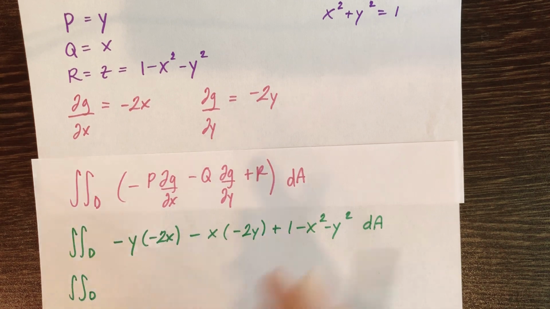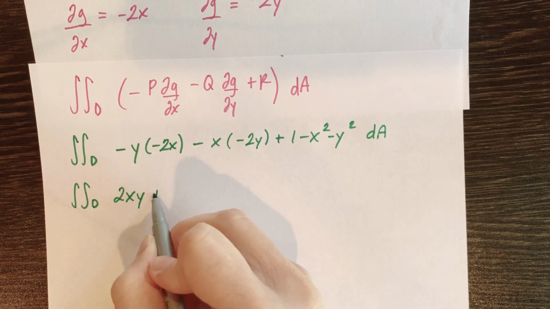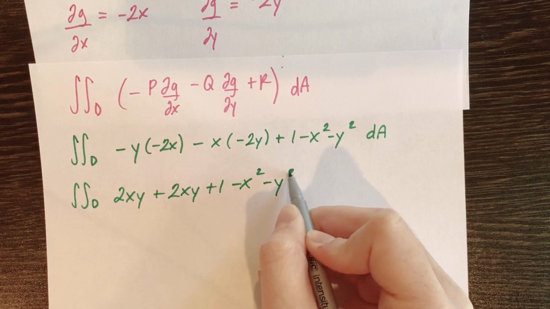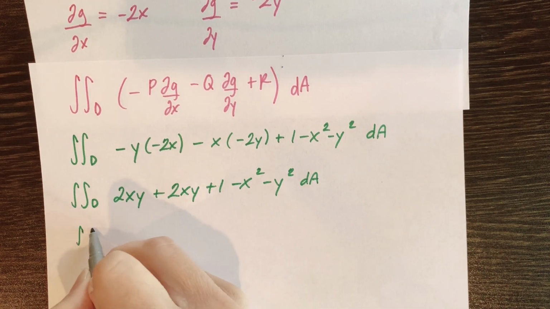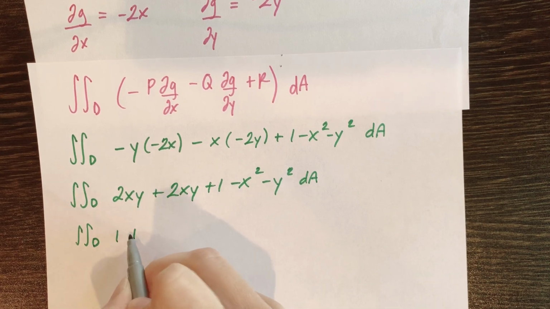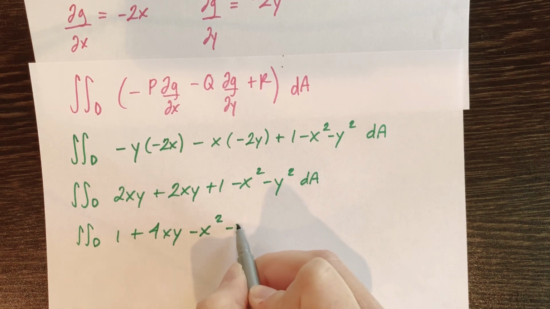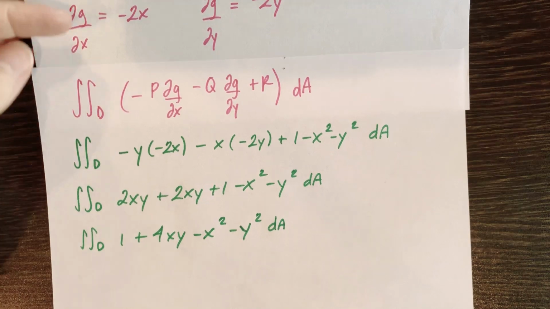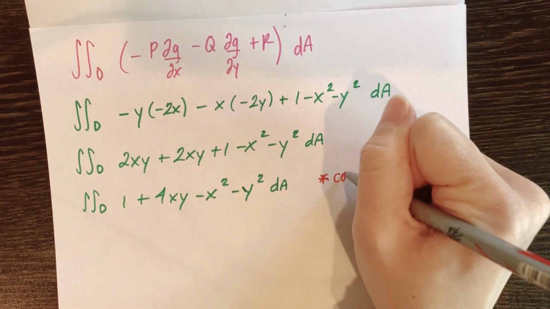So I'm going to have 2xy plus 2xy plus 1 minus x squared minus y squared. So I have 1 plus 4xy minus x squared minus y squared dA. And again, I know it might not seem it right away, but I think a conversion to polar would be helpful.